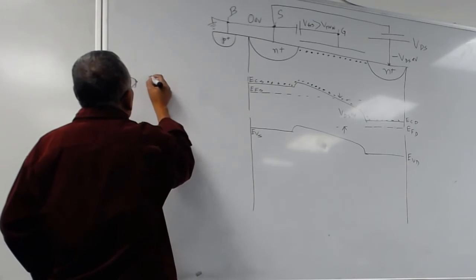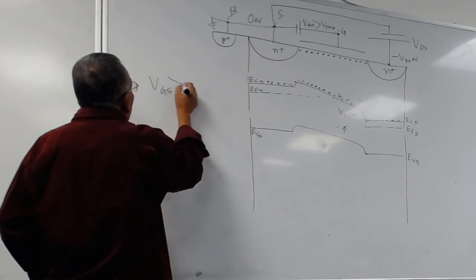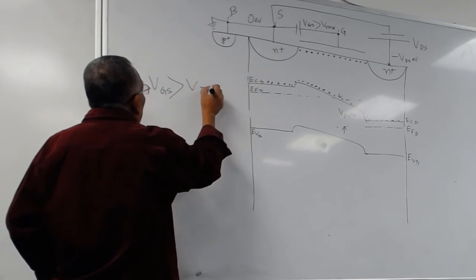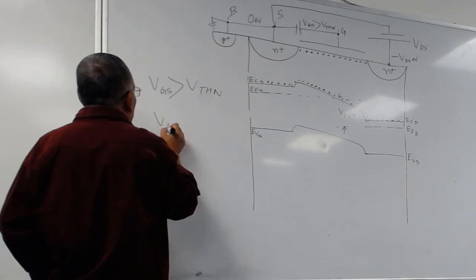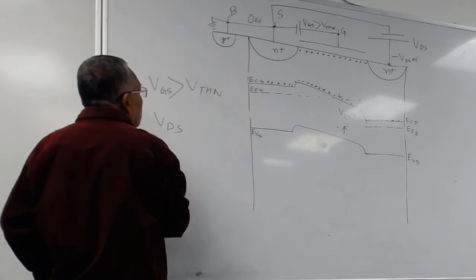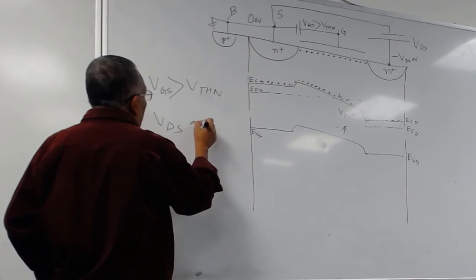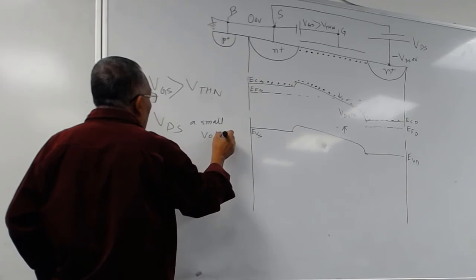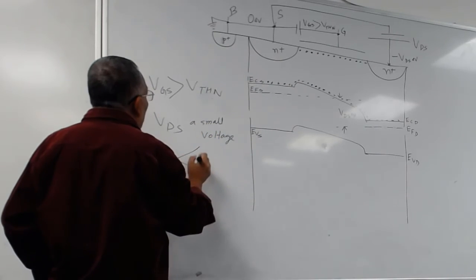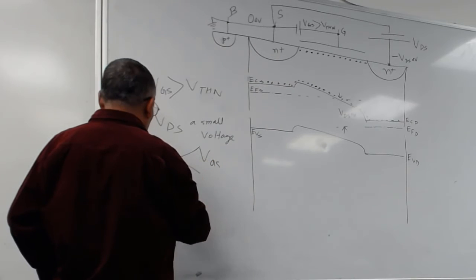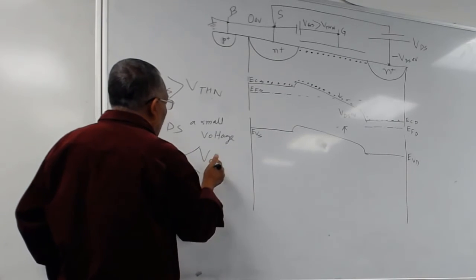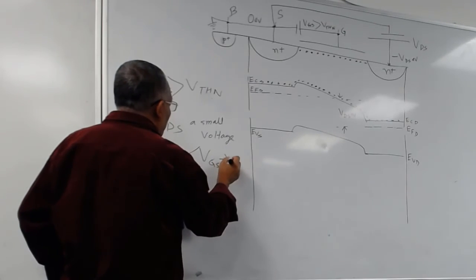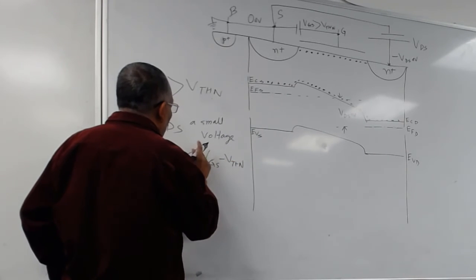This case VGS is greater than VTH and VDS is a small voltage, which is less than VGS minus VTH.